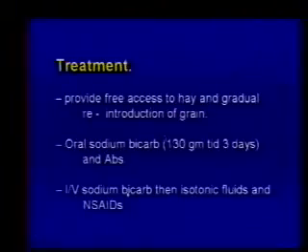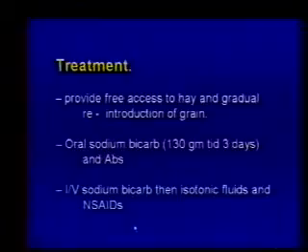orally, or in severe cases, intravenous sodium bicarbonate, then with an isotonic fluid with non-steroidal anti-inflammatory agents. So there's an intravenous sodium bicarb, isotonic fluid, and non-steroidal anti-inflammatory agents. This is an emergency treatment.